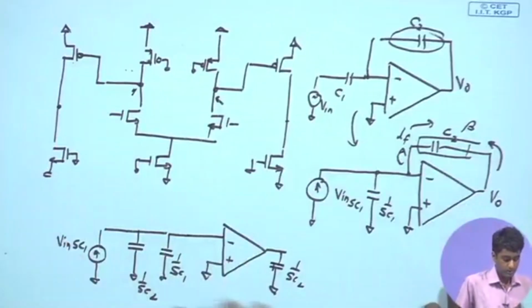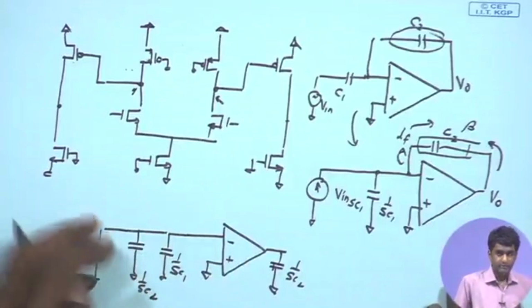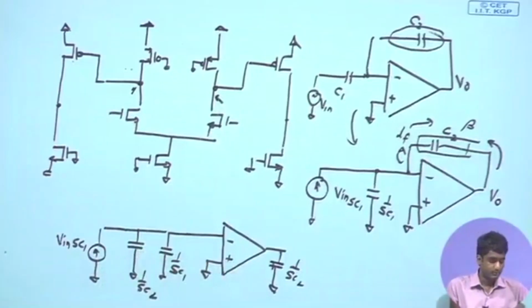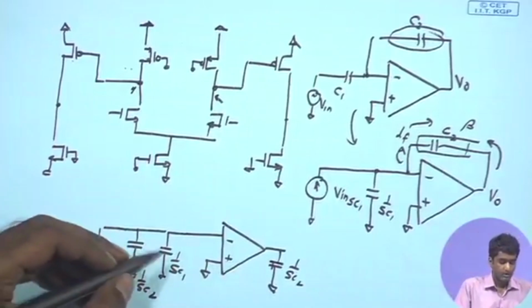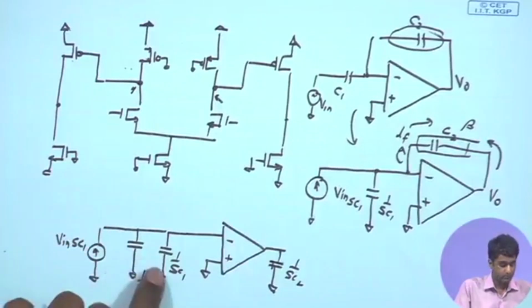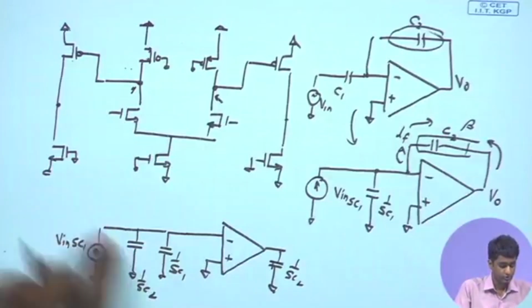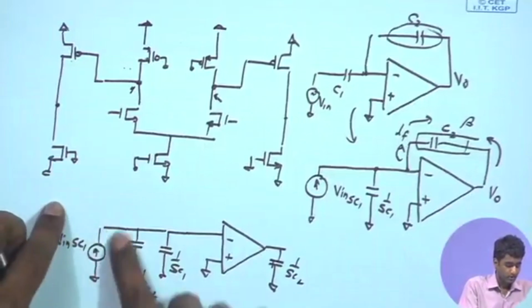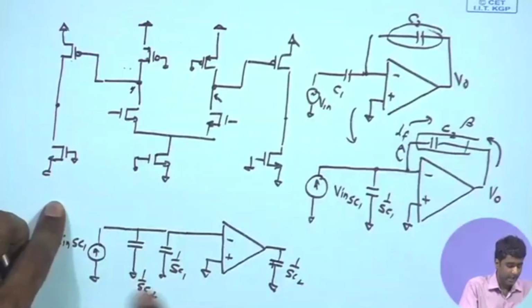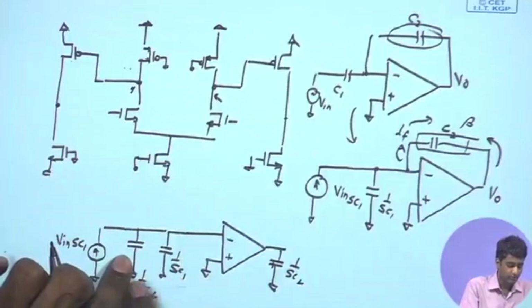Now, if we look at this resulting open loop equivalent circuit, at the input port we have a combination of 1 upon SC1 and 1 upon SC2. If we look at the source, this is acting like a parallel combination, and which one is larger?